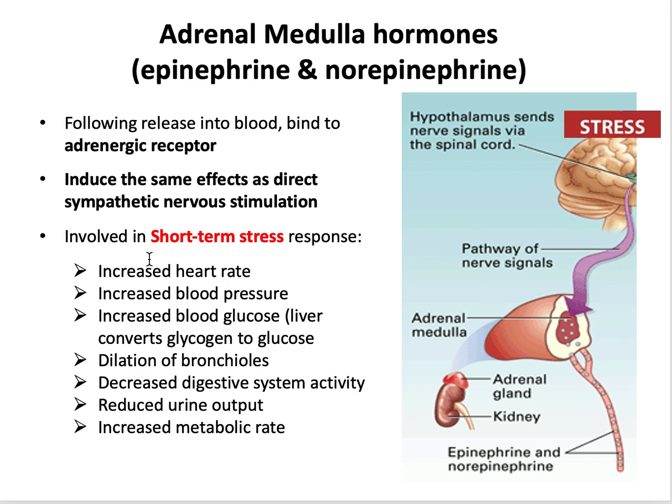If you know the functions of the direct sympathetic stimulation, you'll know the functions of the adrenal medulla hormones. So be familiar with what types of physiological responses would happen as a result of epinephrine and norepinephrine being released. If you know the fight or flight responses, you'll be able to recognize that on a multiple choice question.